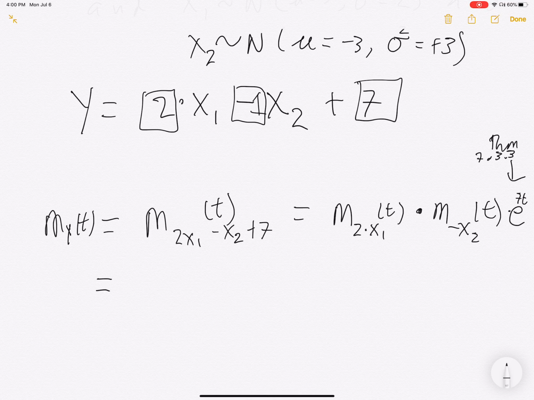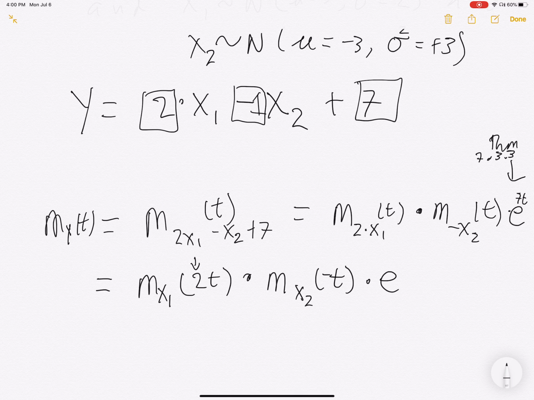Now, further applying Theorem 7.3.3, I'm going to get the moment generating function of X1 composed with twice t times the moment generating function of X2 composed with -t times e to the 7t.